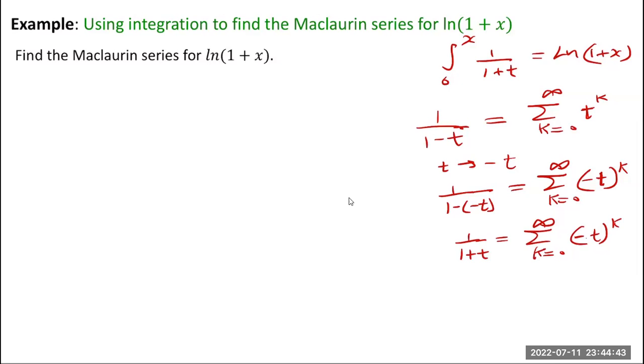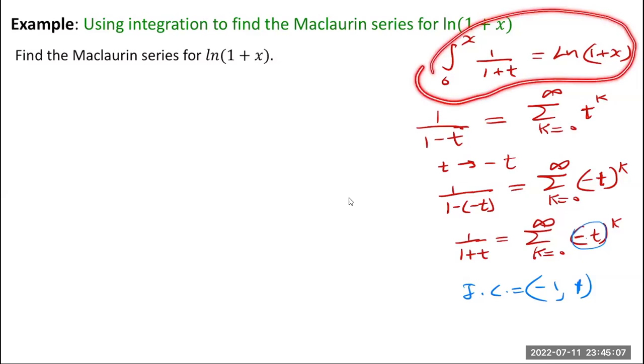This is again a geometric series, with r being this inside term. So clearly the interval of convergence is minus 1 comma 1 again for this series.